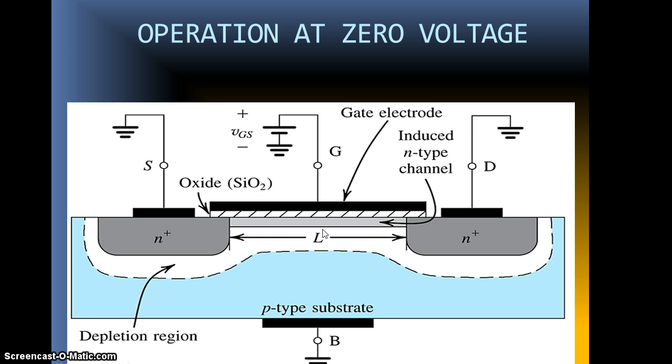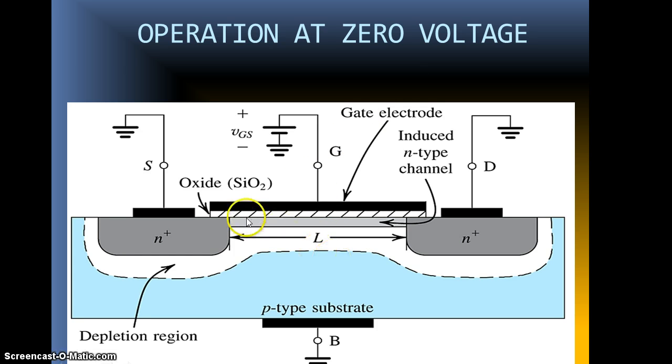Electrons as a result start to accumulate on the substrate surface as the gate voltage exceeds the threshold voltage Vt. So when the gate voltage VGS becomes greater than or equal to Vt, electrons start accumulating over this substrate surface here. The induced N region thus forms a channel for current flow from drain to source.